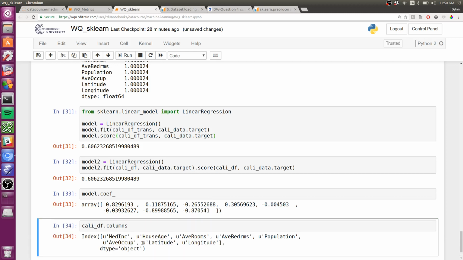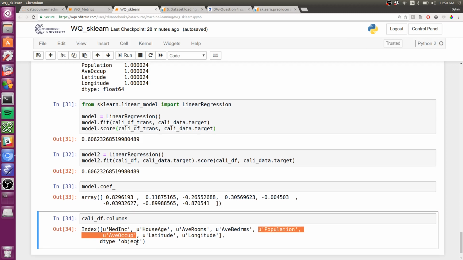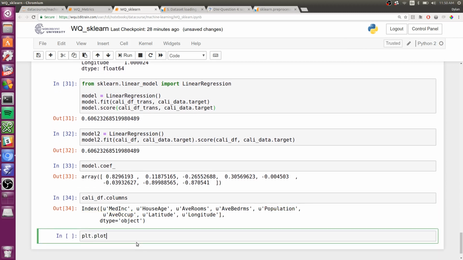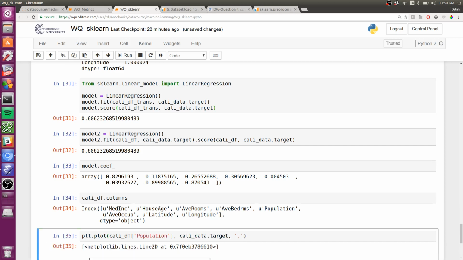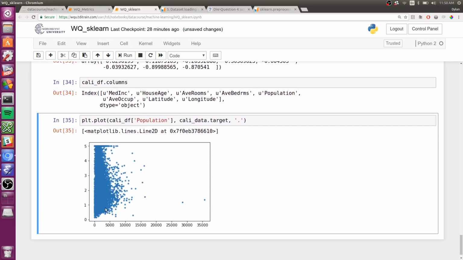So median income and the geography are pretty influential, while average occupancy and population are not. And that matches our intuition when we plot, for example, the population against our target variable. There's not really a noticeable trend here.